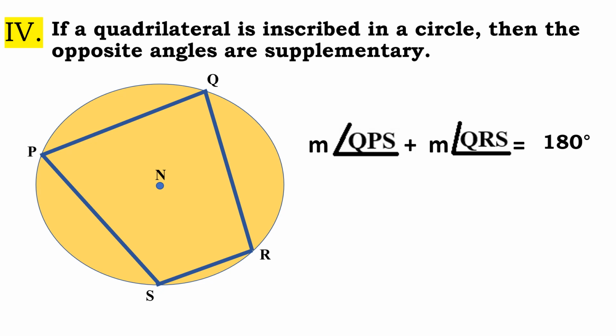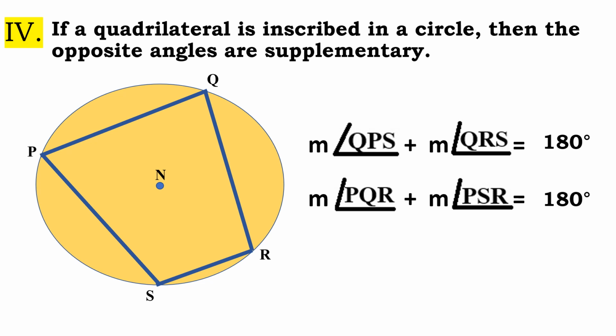Ano pa ba yung ibang angles dito sa quadrilateral natin? So we have here angle PQR, and the opposite angle of angle PQR is angle PSR. So if we add the two angles, it is also equal to 180 degrees since the opposite angles in a quadrilateral inscribed in a circle are supplementary.